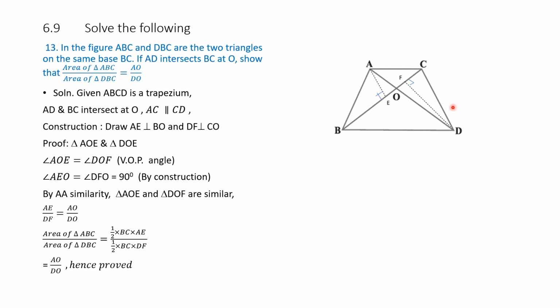Therefore, half BC and half BC get cancelled, and what remains is AE by DF. But we have already proved that AE by DF is equal to AO by DO. AO by DO, hence proved.